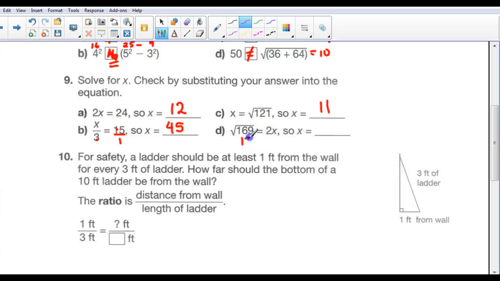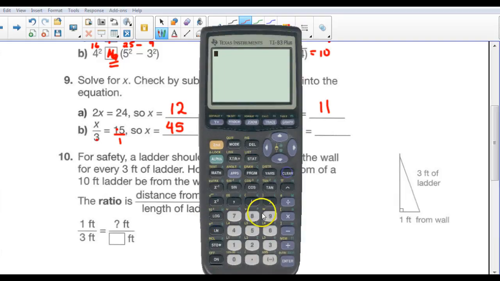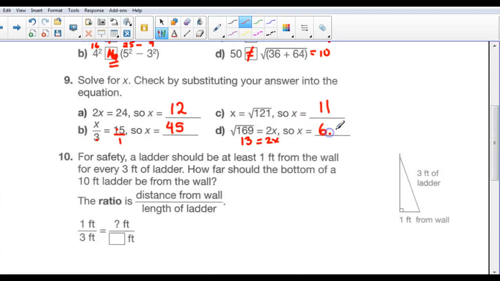So we end up with 13 is equal to 2x. So 2 times what number is equal to 13? Well, we can just take 13 divided by 2 in our calculator. 13 divided by 2. And we get an answer of 6.5. So X is equal to 6.5. Okay?